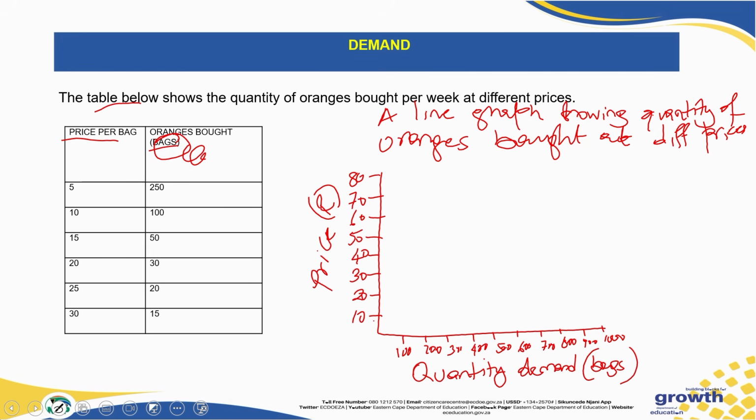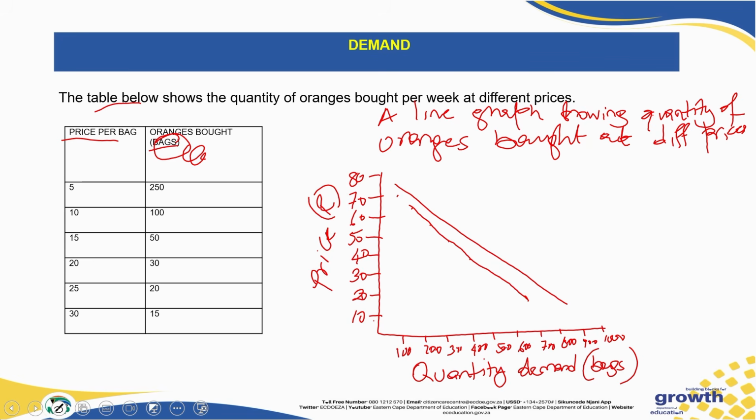You plot the graph. And at the end of your graph, the curve needs to be down sloping. When you've plotted using this information, it has to be down sloping. When you put your points, make sure that when you start to draw the line, you start at the beginning of your points, you continue, and you end at your last point.